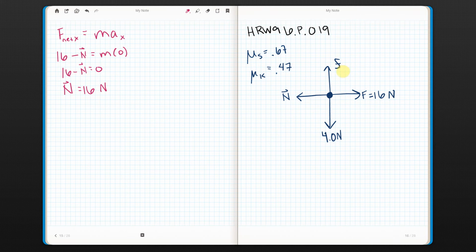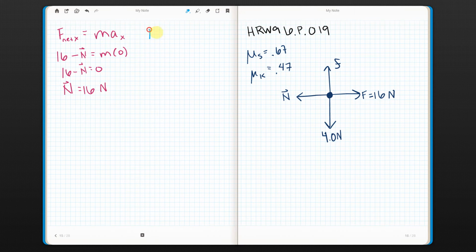So now I can go and find the frictional force. So first thing we got to see is, well, does the block move? That's the first question it asks. If the maximum static friction is bigger than the weight that's pulling it down, then acceleration will be 0. Nothing's going to move.